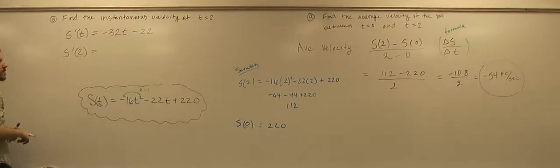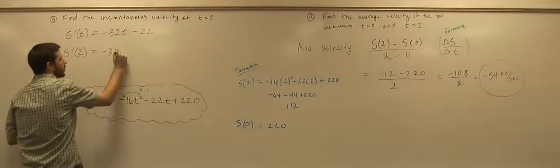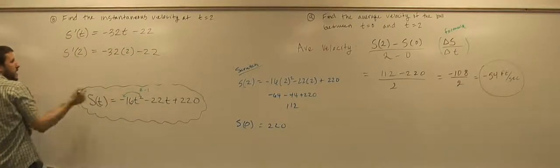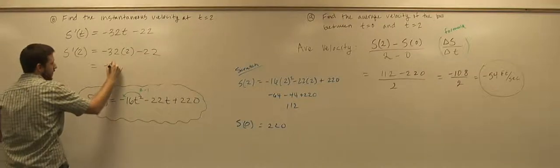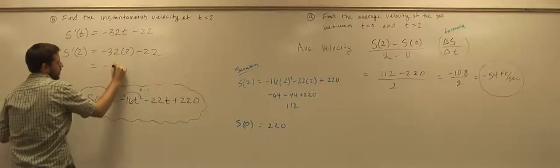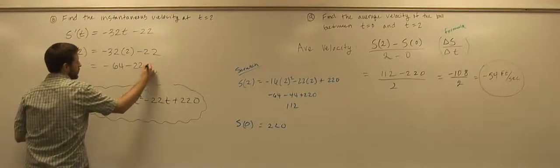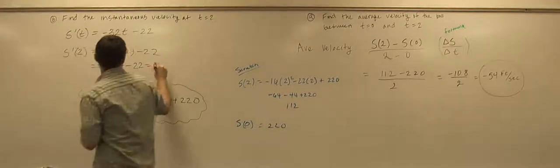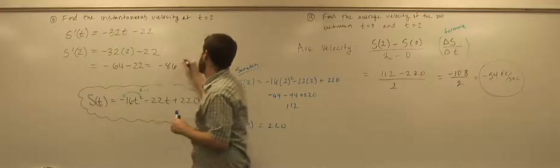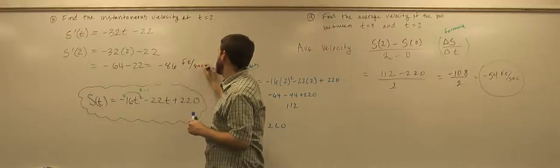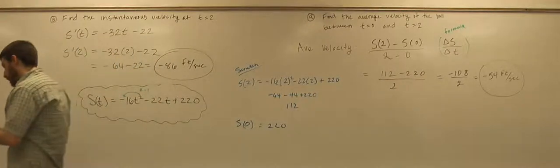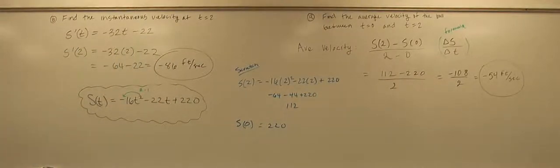So we would do s prime of 2. So plug in 2, negative 64, minus 22. Yeah, so negative 86. So at t equals 2 seconds, you're going negative 86 feet per second.